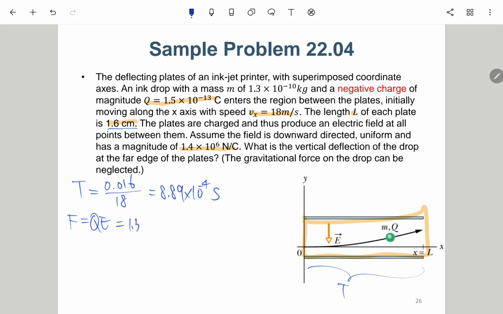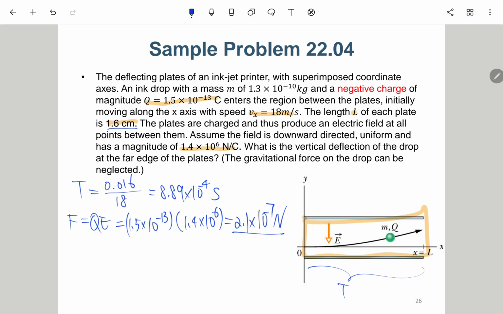Q is 1.5 times 10 to the negative 13 power, times E, which is 1.4 times 10 to the 6th power. So it turns out to be 2.1 times 10 to negative 7 newton. This is the force acting on the ink.